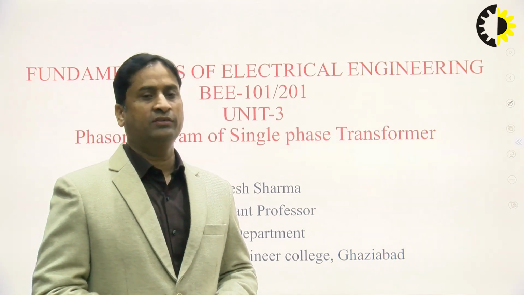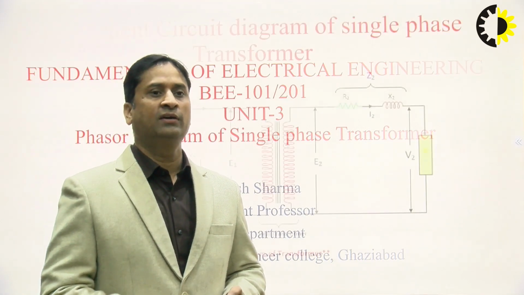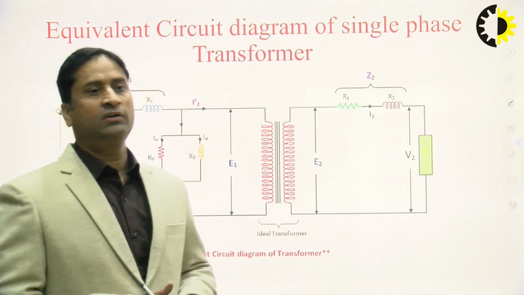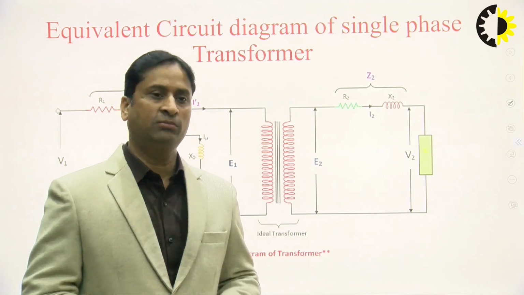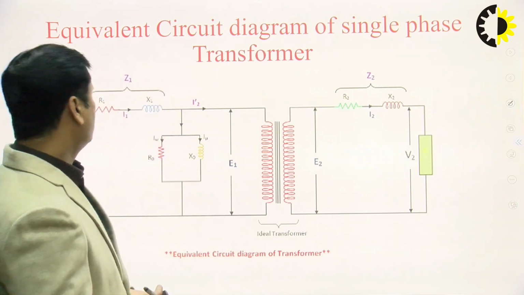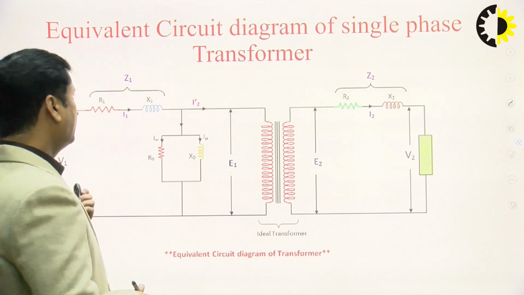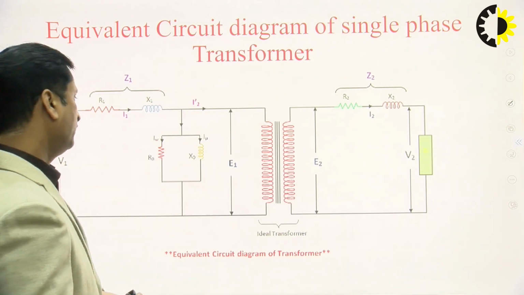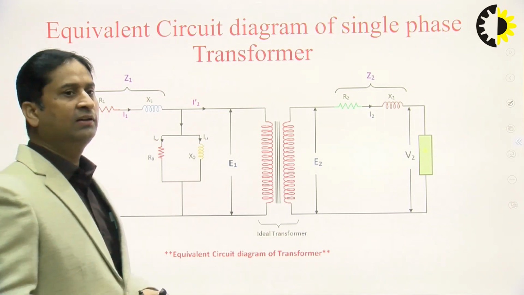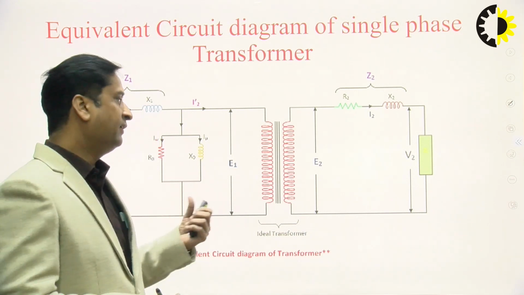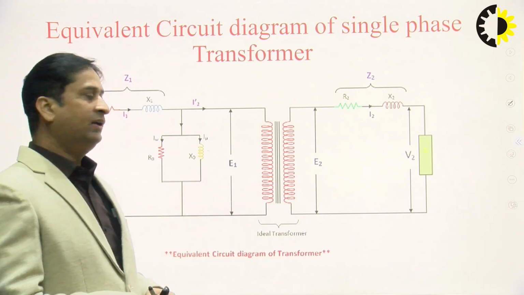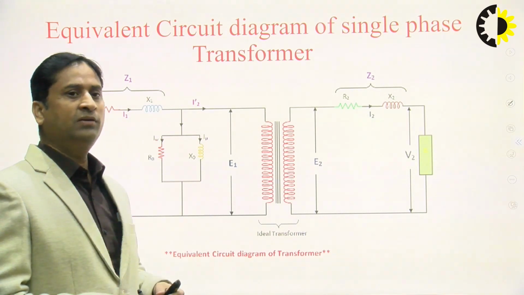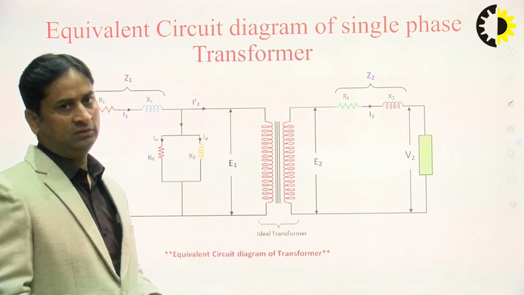The phasor diagram of a single phase transformer means an actual transformer, not an ideal transformer. This is the circuit diagram of the actual transformer, in which we have to consider the resistance of the primary and the secondary winding and the leakage reactance of the primary and the secondary winding.